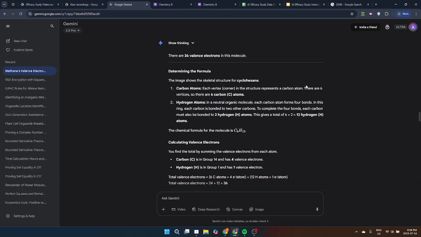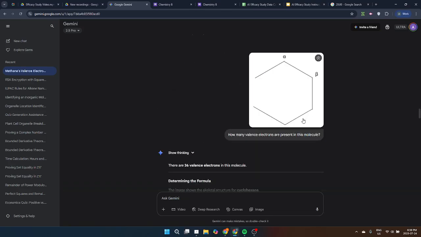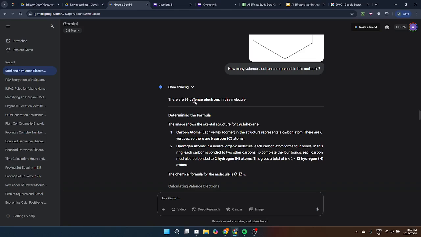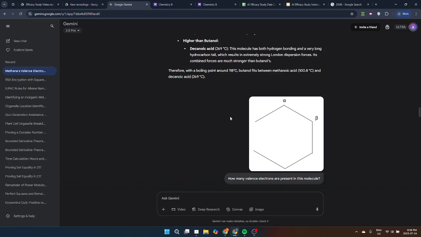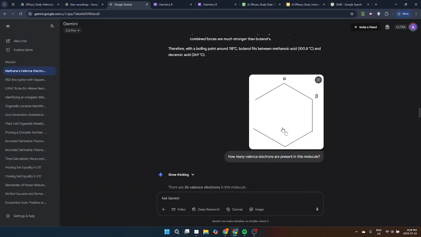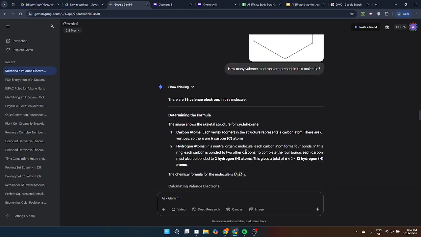Interestingly, here the model made a mistake. I asked how many valence electrons are present in this molecule. It says 36, but the answer key is 38, which is correct, and it misidentifies this compound as cyclohexane instead of regular hexane, which is what it should be.